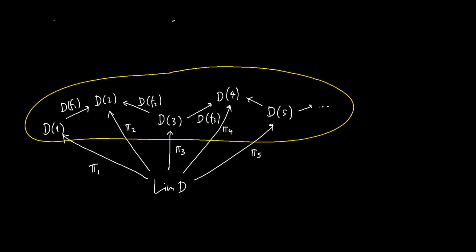And moreover, I want now also to take into account composition. So I want every single triangle that's formed here, I want that triangle to commute.